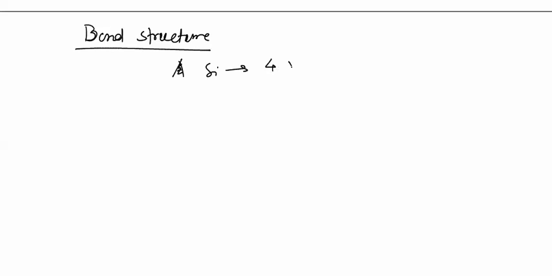Now we will see the bond structure of silicon. In silicon, every atom possesses 4 valency electrons.